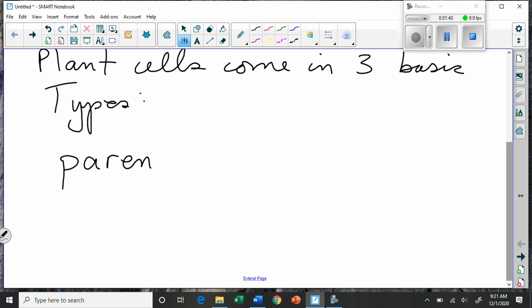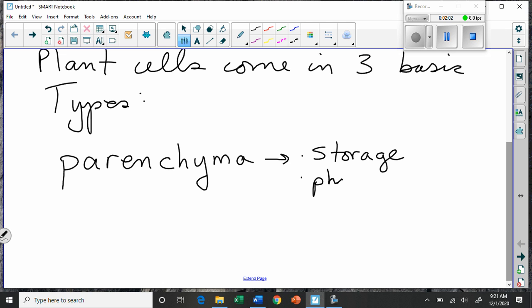Parenchyma. These cells are found all over the place. They function as storage cells, storage of things like sugars and nutrients. They are often involved in photosynthesis.